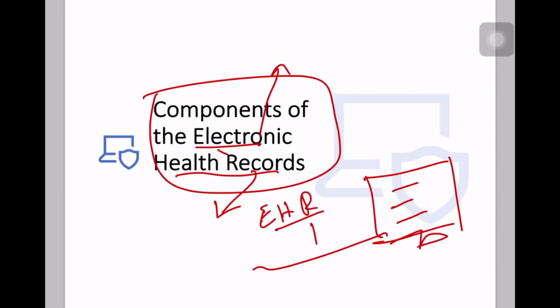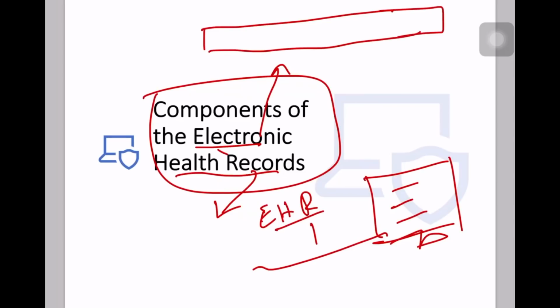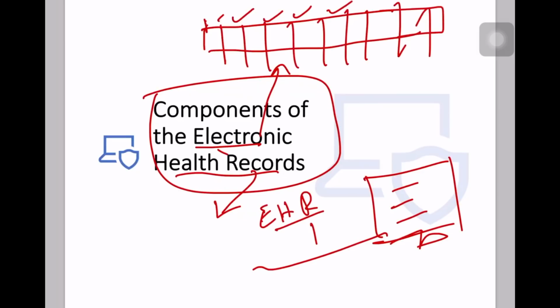You can also consider, for example, if someone says electronic health record, it seems like that's the information, a record just like in an Excel sheet, the information of a patient, like patient ID, name, information about the labs and all other information. But in general, in health informatics or in the hospital setting, when we say electronic health records, our main focus is the electronic data of a patient which is stored in a system.